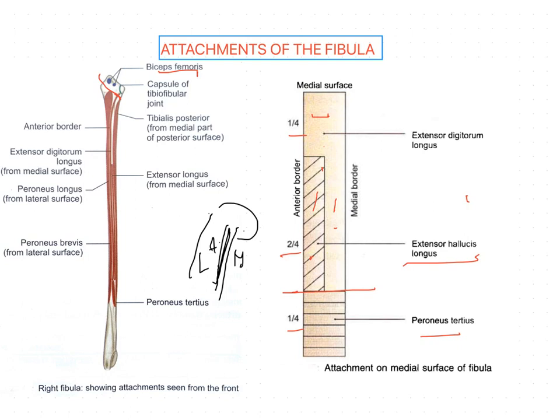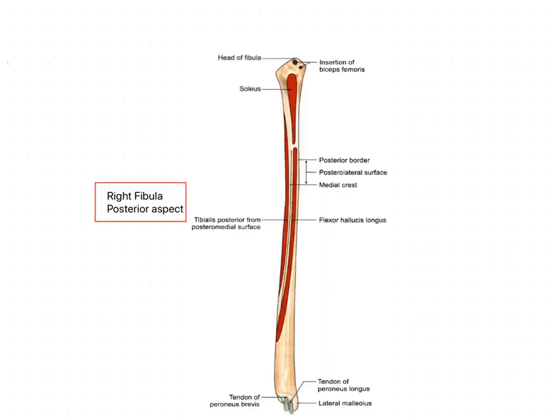Now we will move on to the posterior surface. The posterior surface lies between the interosseous border and the posterior border. In the middle of this posterior surface there is a medial crest, which divides it into the posterolateral surface and the posteromedial surface.